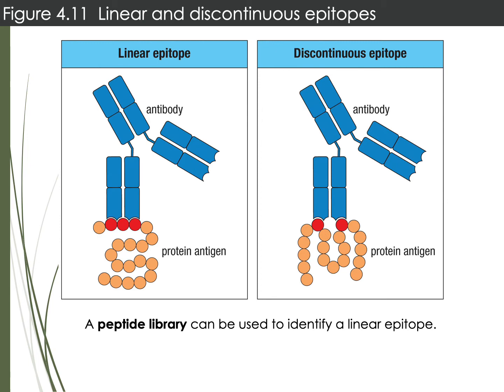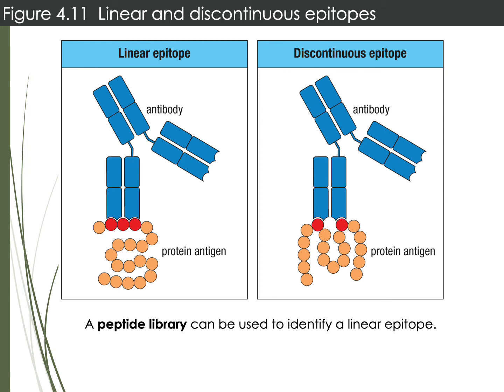With linear epitopes, you can create peptide libraries, where you take the sequence of a protein and create peptides from it, 10 to 13 amino acids long, making sure you have complete coverage of the antigen. Then you can feed those to B cells or T cells to see whether they become activated: what peptide do they actually recognize? So for a linear epitope, you can use that approach.